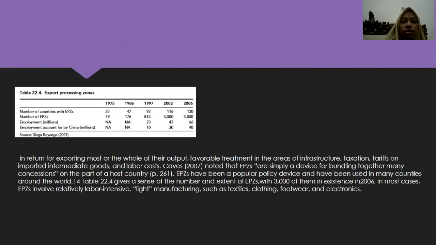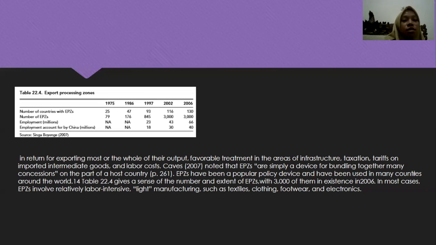Note that EPZs are simply a device for boosting export production on the part of a host country. So EPZs have been a popular policy device and have been used in many countries around the world.